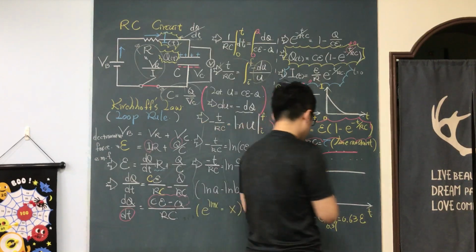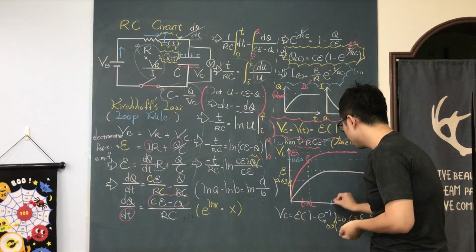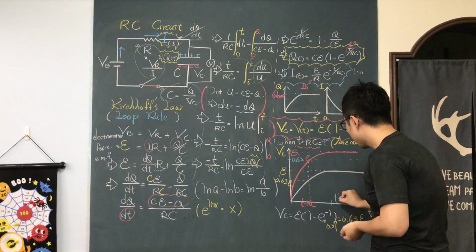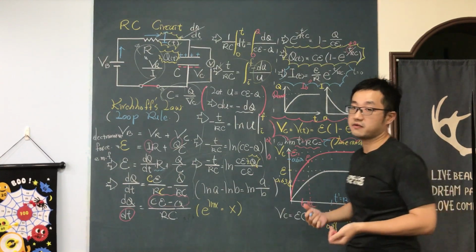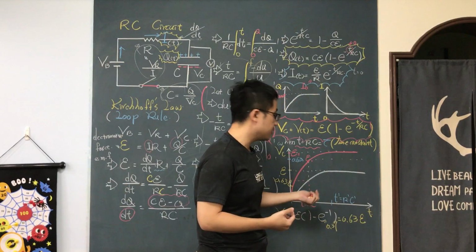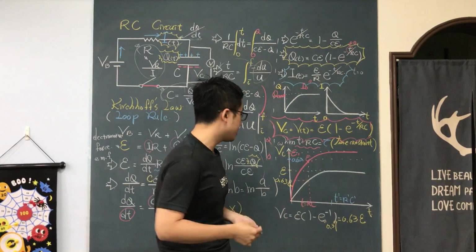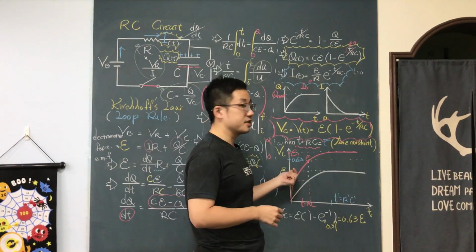So what if I now increase the time constant, maybe to R times some C with a bigger value. Your time constant is now enhanced, but your battery is the same.